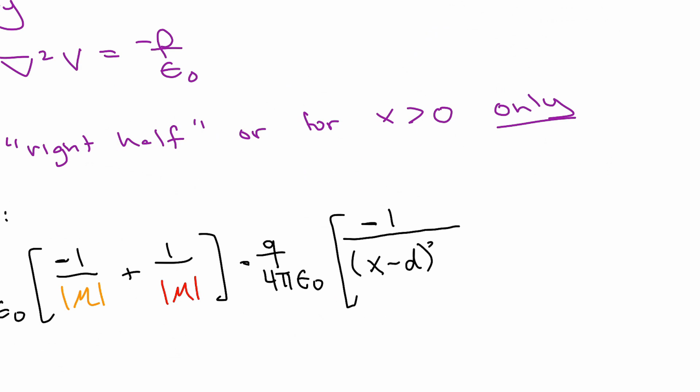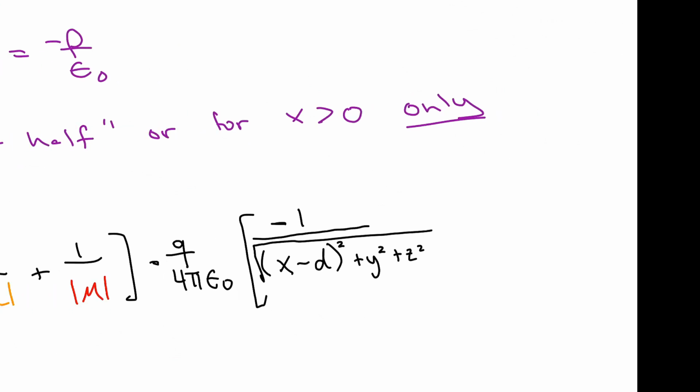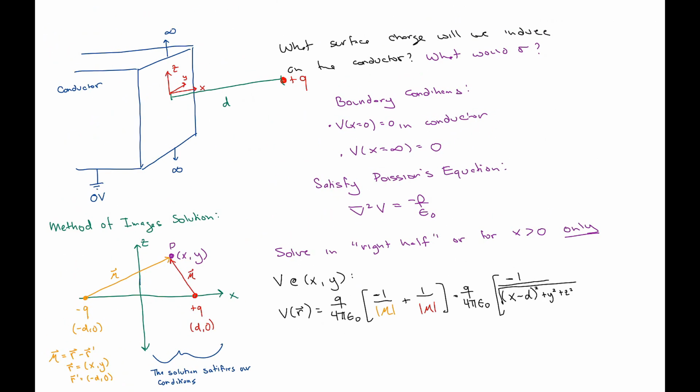So I get the square root on the bottom here of x minus d squared plus y squared plus z squared. That's for my negative one.